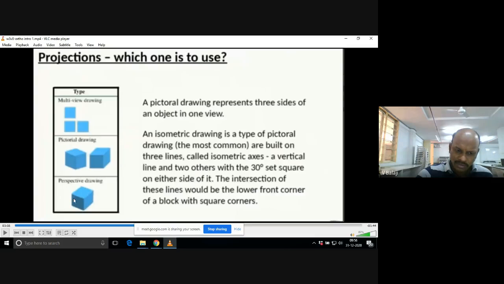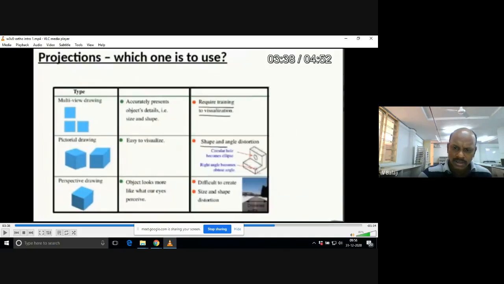If you are far from that building, you will get a different image. So again, it's a single view that we call converged projection or perspective drawing. Again, the same topic is repeated in unit number 5. At that time, we will discuss in detail.